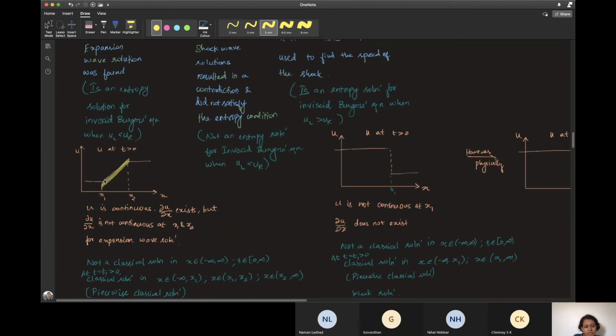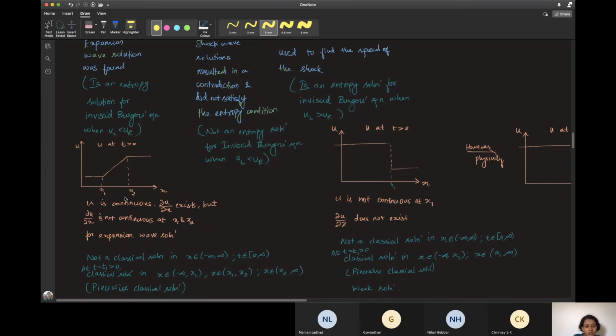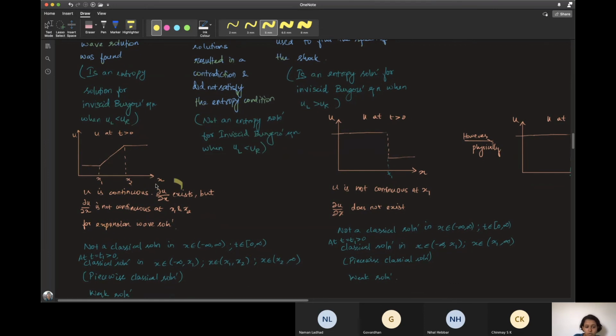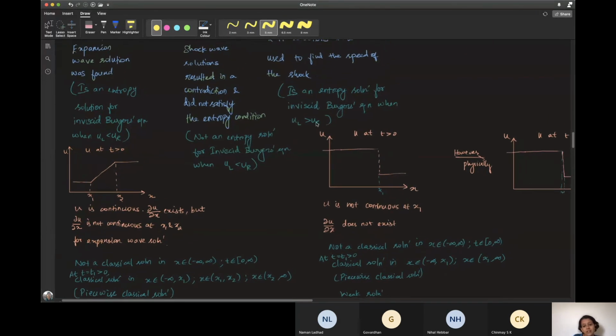So this is your expansion wave. Here u is continuous, however dou u by dou x is not continuous at these 2 points, x1 and x2, for this expansion wave solution.